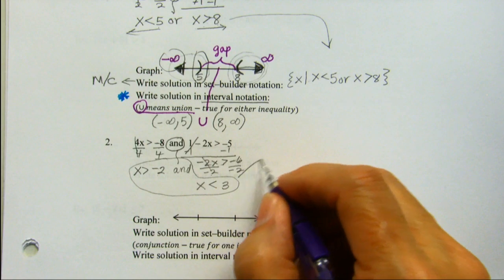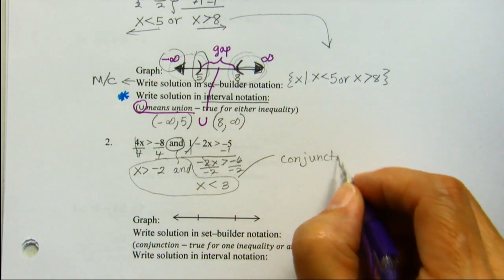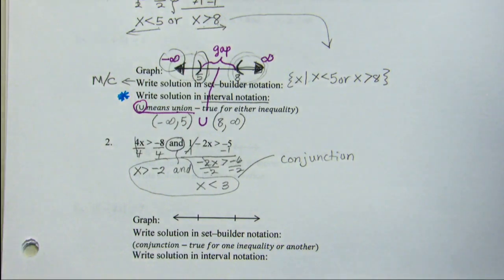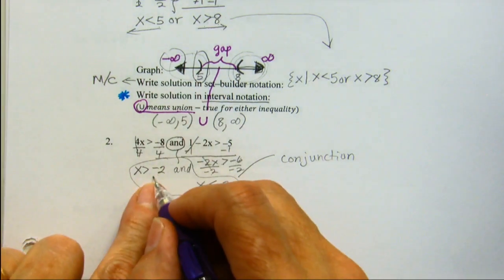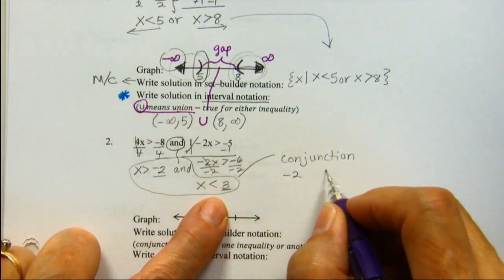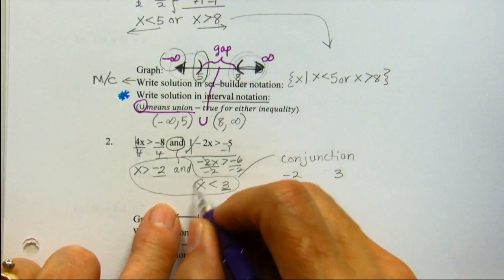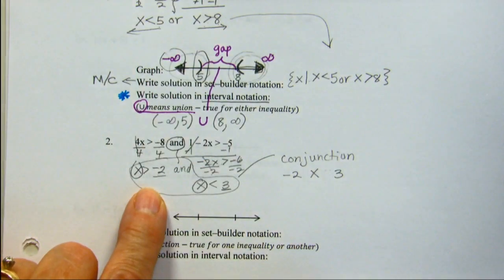And now this is a conjunction, so I need to condense it. Here's the easiest way to put it together. Smaller number on the left, larger number on the right. Your x's will always go in the middle.